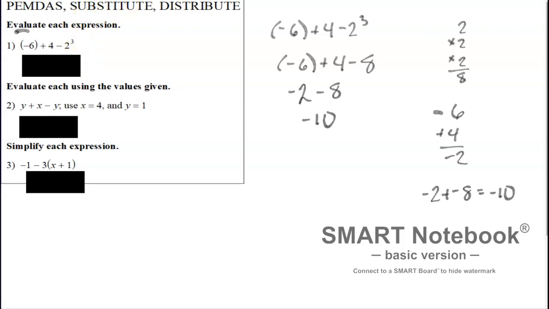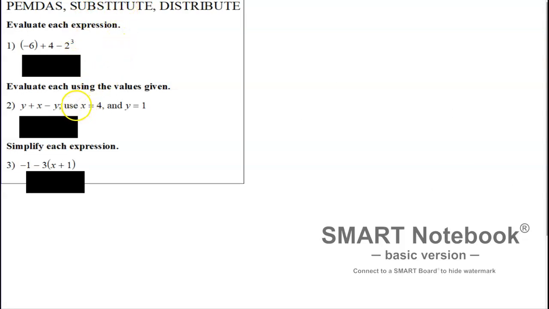Now let's move on to this next one. Okay, evaluate each using the values given. Now I'm going to go ahead and write it first. Okay, and use x equals 4 and y equals 1.